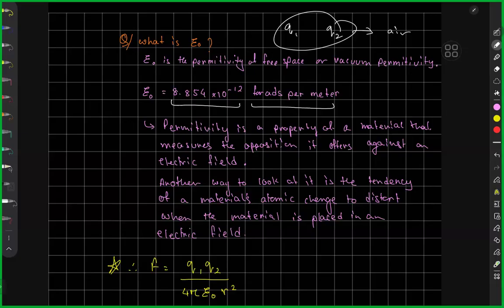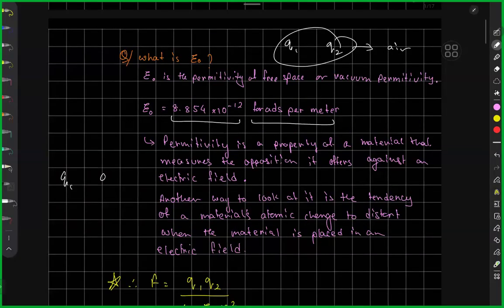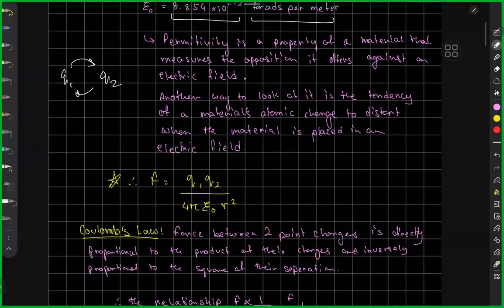So the force applied on each other, Q1 and Q2, differs with respect to the medium. Okay? So it's different in solid, different in vacuum, different in air, different in liquid. So, point is, we're mainly going to work with vacuum.